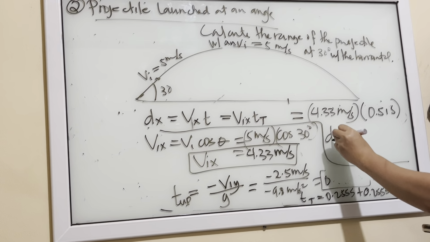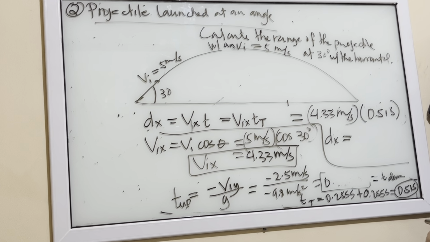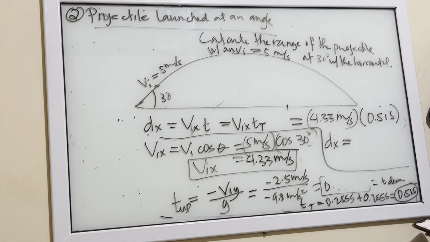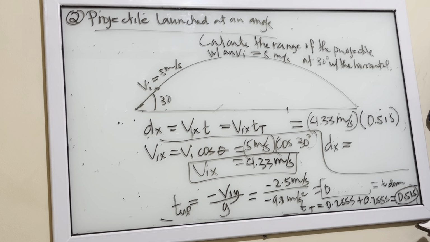your dx now is equal to 4.33 times 0.51.